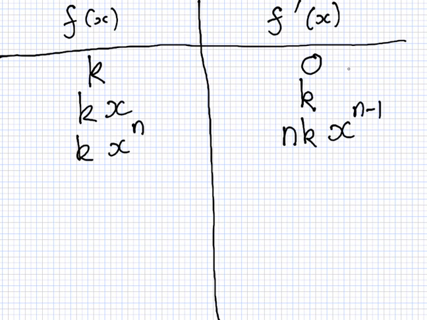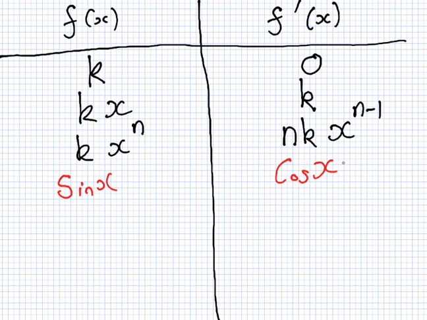We can use our formula (f(x+h) minus f(x)) over h to find rules for other functions. We won't look at the proofs now, but I'll just give you the results. For example, if you had sin x and you use the first principles formula, you would end up getting cos x.